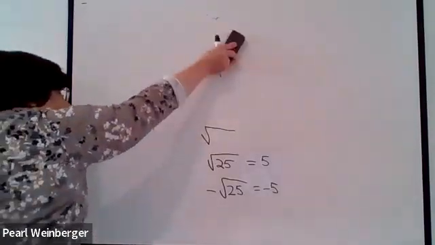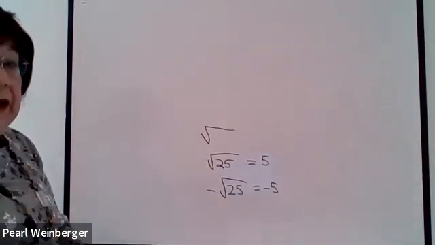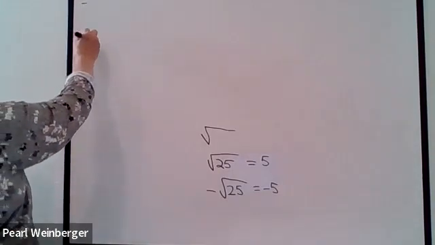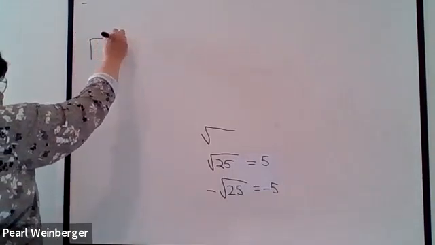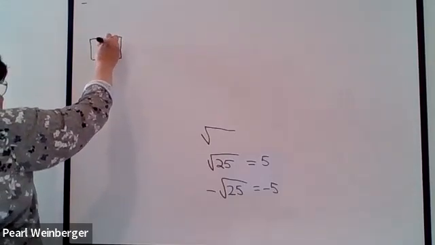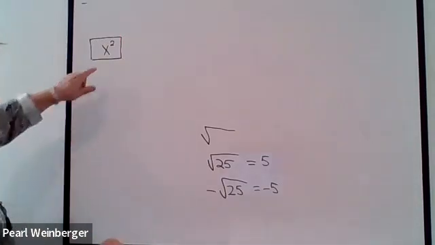Now you can use your calculator to find the square root. Usually the square root button, not in all calculators, if you don't find it, then you'll have to send me a picture of your calculator and I'll find it for you.